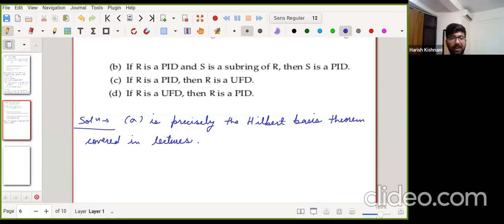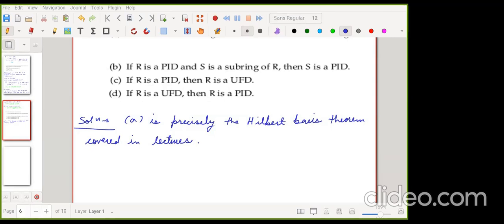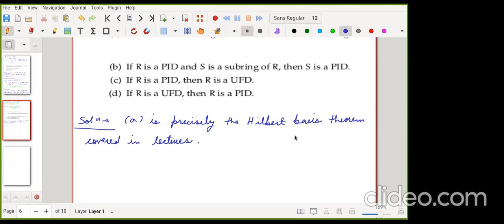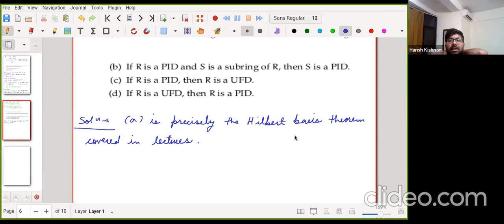First of all, do you believe the statement is true or false? I think it is false. You think it's false. So you should come up with a counterexample, right? What are the PIDs that we have seen in today's session, and what are the non-PIDs that we have seen?